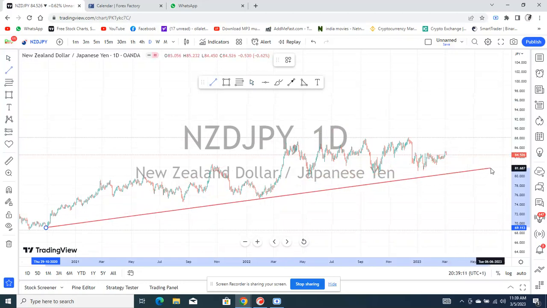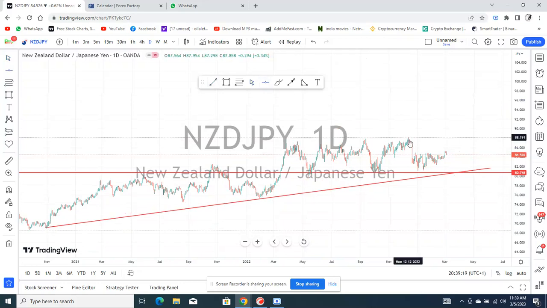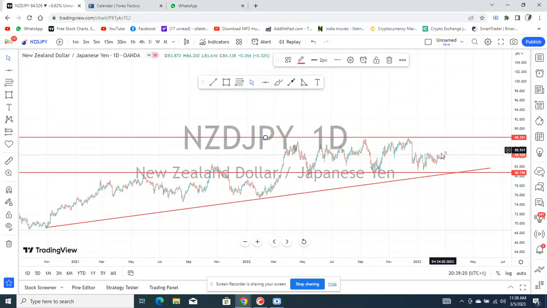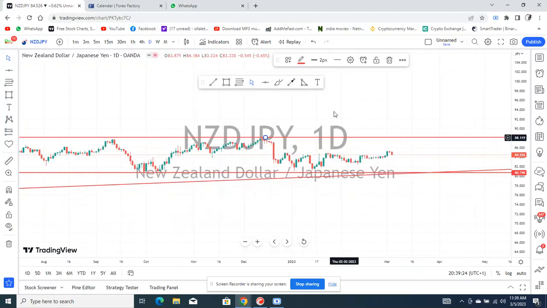If you connect it here, number one, we have a key level of support here. We now have a resistance here, and price dropped all the way from around this range level.